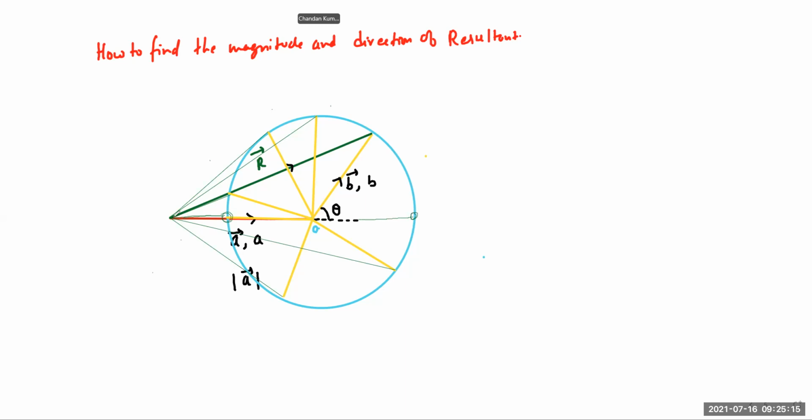Then this is the biggest value of R. In between you will get many other values. So the idea is that the resultant of two vectors depends not only on magnitude but also on how they are oriented with respect to each other, called the relative orientation.